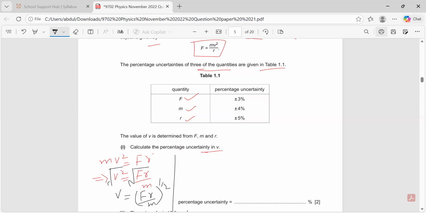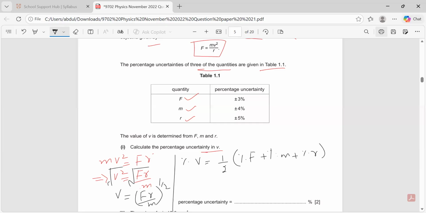Now, the power is 1 over 2. We need to calculate the percentage uncertainty. So percentage uncertainty in v, we can write 1 over 2, the power comes in the beginning, like last class also we did, times percentage in F plus percentage in m plus percentage in r.